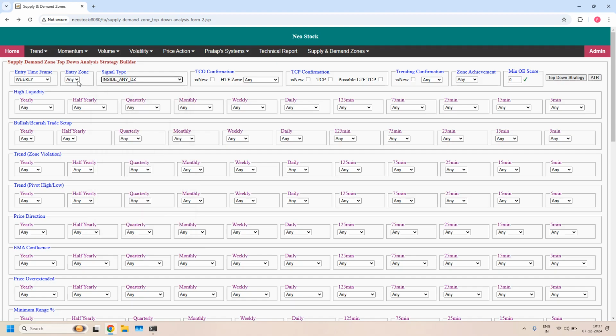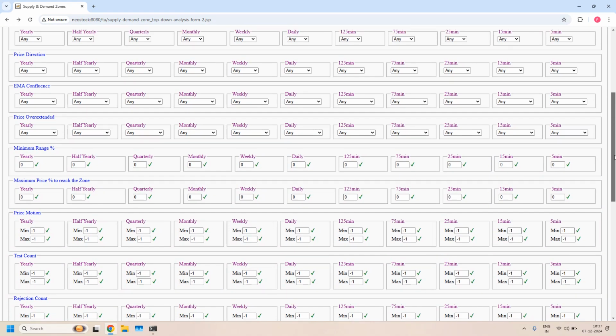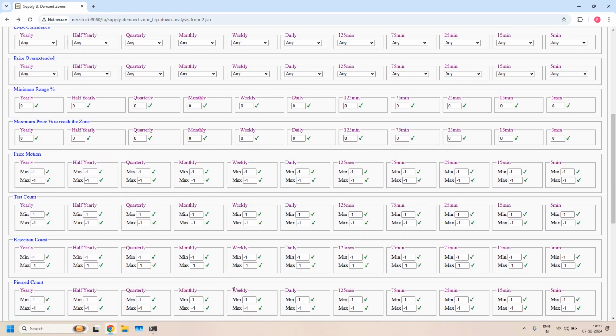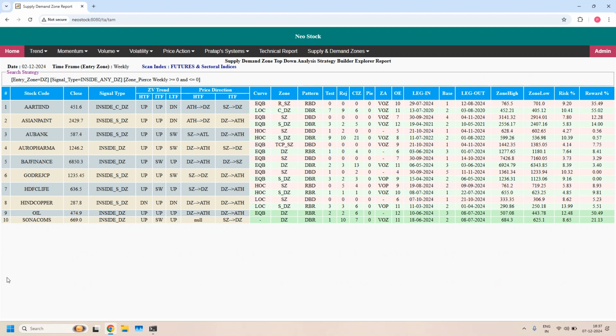These weekly demand zones should not be pierced. So in the pierced count, at weekly time frame, I am setting minimum value 0, maximum value 0. Let's filter. We got 10 weekly demand zones where price closed inside these weekly demand zones.